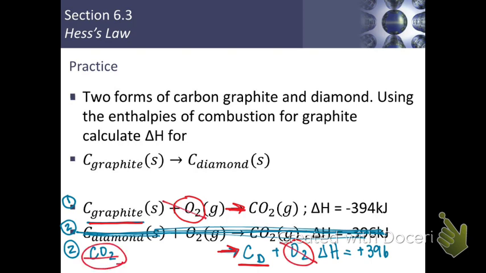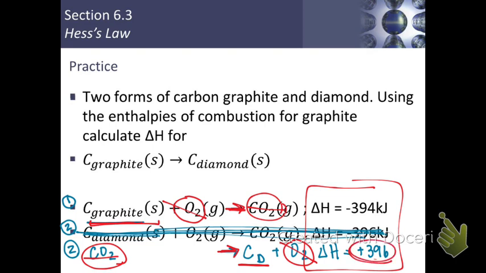I've got a CO2 on the left and a CO2 on the right, and so they cancel. Do you see how we have to cancel those on opposite sides of the arrow? And so now I'm left with carbon graphite to carbon diamond, and I just have to add up these things right over here. Okay, the important thing was that I switched the sign of that delta H. When I reverse the reaction, I switch the sign. So now I'm just going to take 396 minus 394, and I get a value of plus 2 kilojoules.